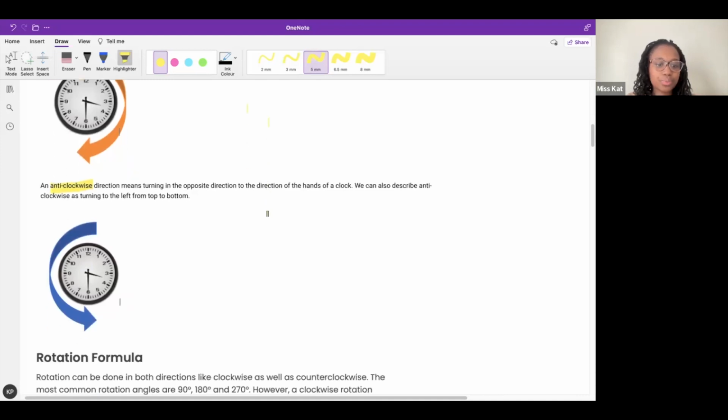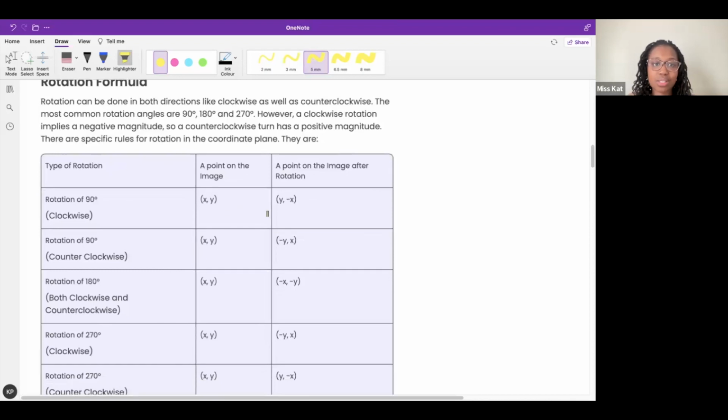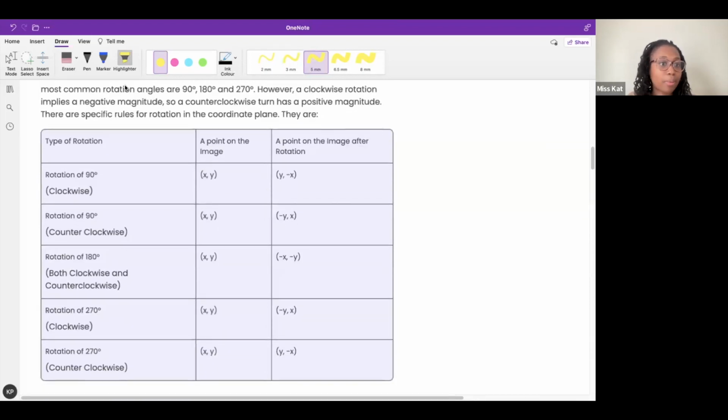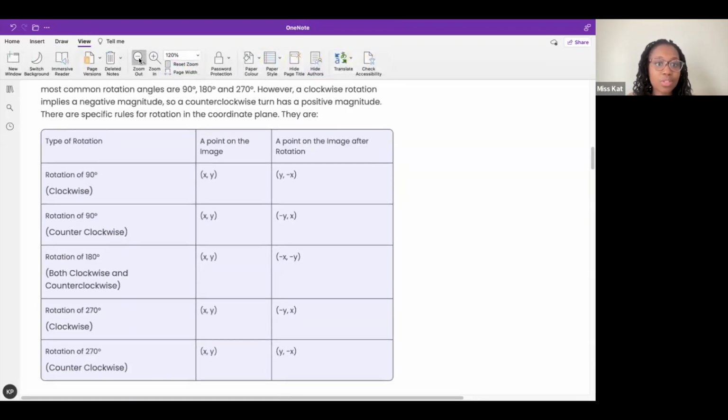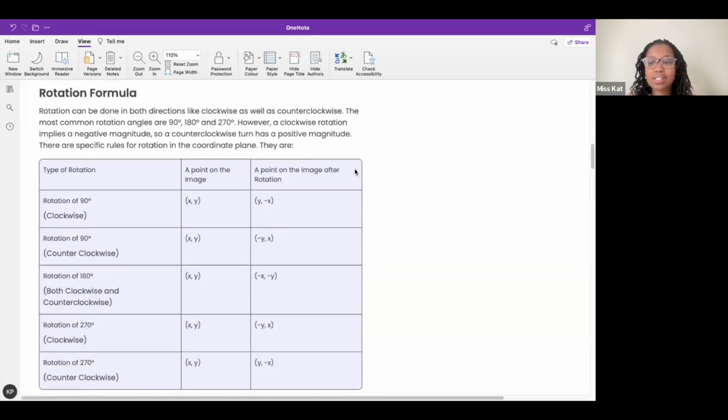Wonderful. Now you're going to have to write this down, because remembering this is going to be a problem. Let's zoom out a little bit so we can look at the whole table at once. So this is the formulae I was talking about. Remember, I said we can't practice rotating using our protractor, because I can't put a protractor on the screen.